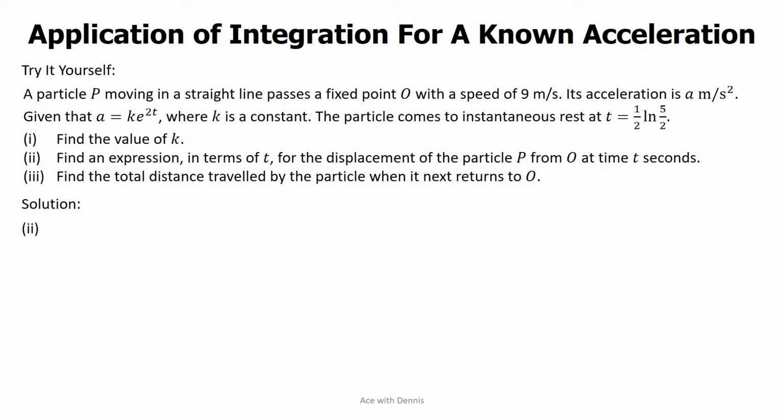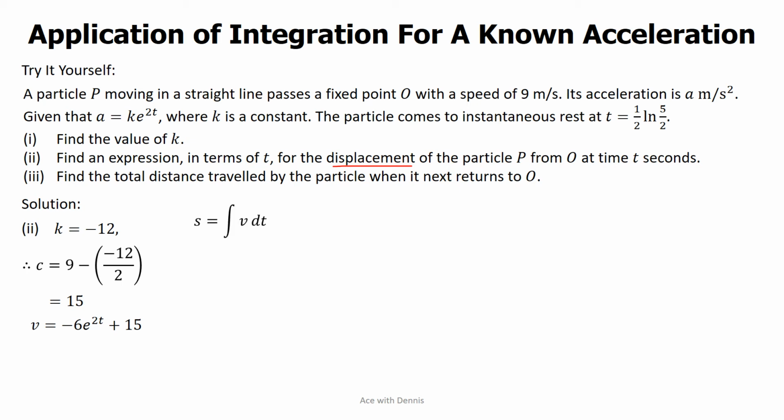For part 2, now we want to find the displacement. For the equation of the velocity, k is negative 12, we find the value of c, which is 9 minus negative 12 over 2, and the answer is 15. So we can rewrite the equation of the velocity, which is v equals negative 6 times e to the power 2t plus 15.